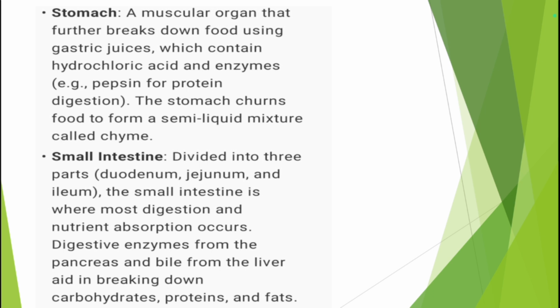The first one is carbohydrate, which breaks down to its simplest form, glucose. Then the fats are converted into glycerol and fatty acids. Then the protein is converted into amino acids in its simplest form. The small intestine borrows its digestive enzymes from many organs, for example, from the liver, from the pancreas, etc.